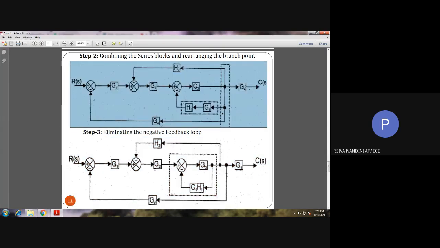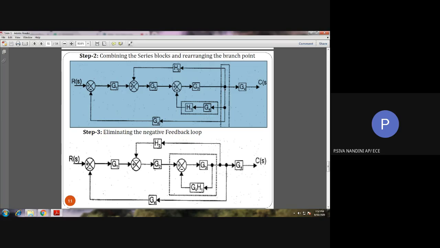So also for simplification, for easiness, we can split this branch point. See here in this branch point we are having a feedback to H2, also a feedback to G4, also a feedback to G4. All these three branch points are available here. For easiness, we can split into 3 separately.